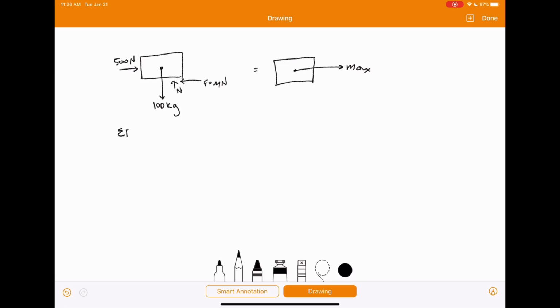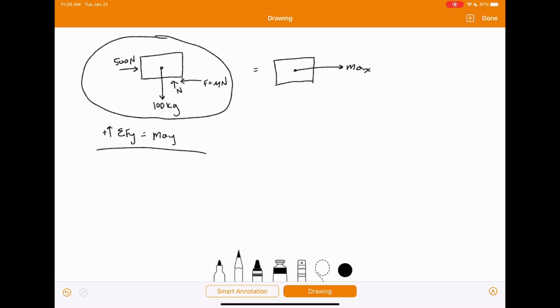We'll do sum of forces y first, equals may. We'll have up be positive. So we'll do the left side of our equation using this diagram right here. We'll have minus 100 kilograms. Now we need to get that into a force, so we've got to multiply that by gravity.